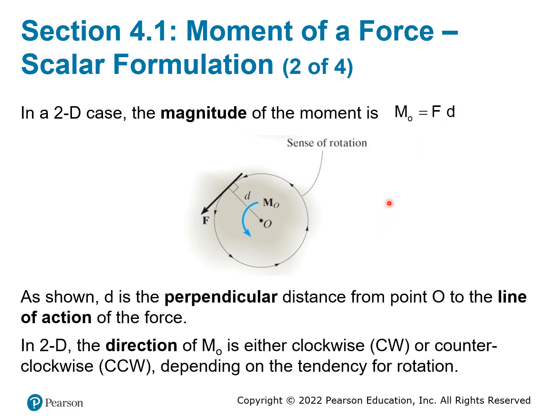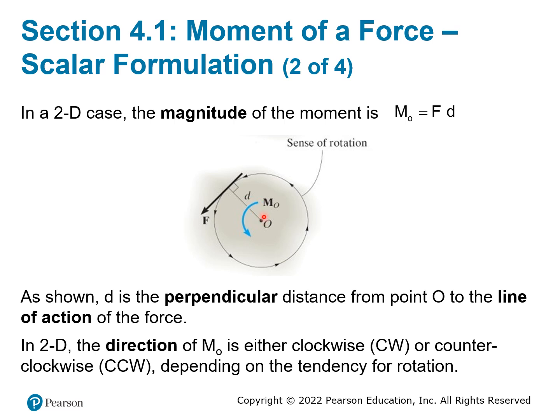So a very simple scalar formulation: if you know the distance from O perpendicular to your force, then this distance d multiplied by the magnitude of F is what we define as the moment. And notice the moment is in boldface, meaning this is also a vector.